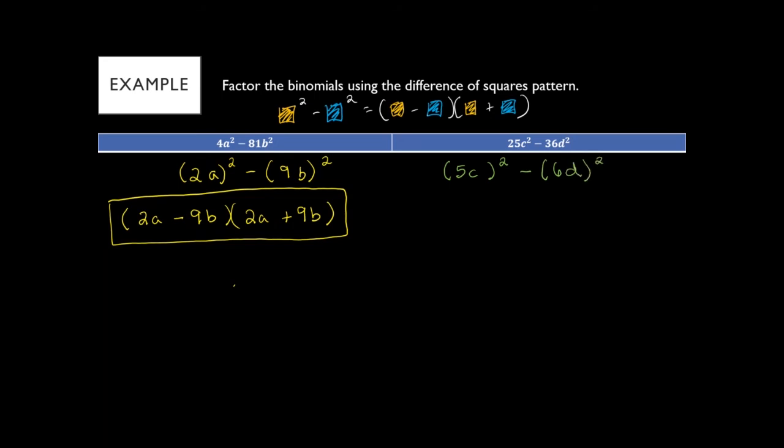So I'm going to put 6d, and then that will give me 5c plus 6d times, oops, I gotta make sure I write the right numbers, 5c minus 6d. And you want to be very careful that there is no symbol in between the parentheses in the middle. So no symbol there, because this is multiplication.